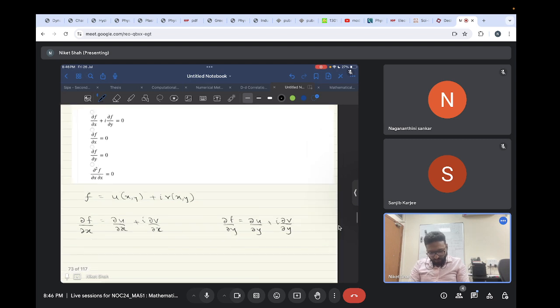So put it together: del f by del x plus i del f by del y is equal to del u by del x plus i del v by del x plus i del u by del y. i into i is minus del v by del y. And the statement is that this is equal to 0.